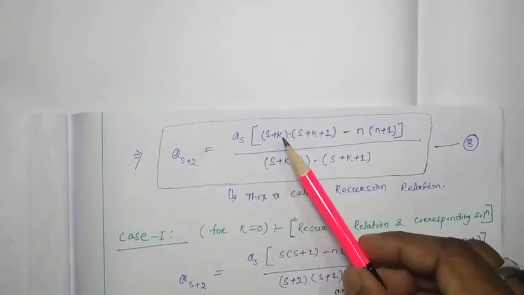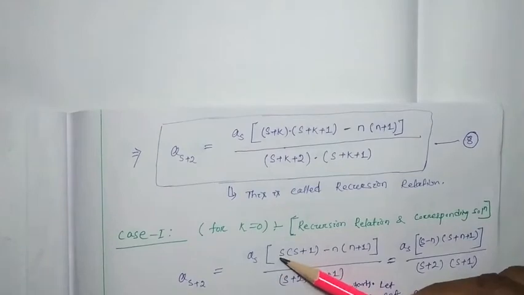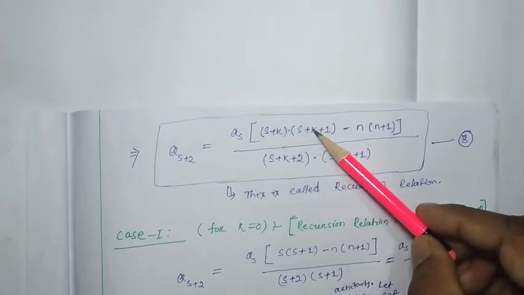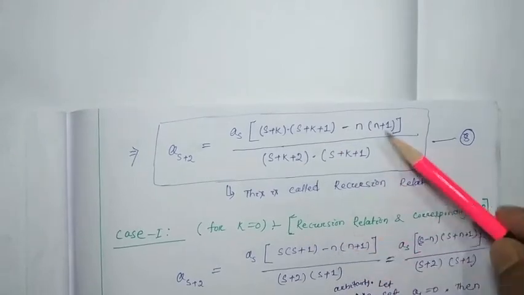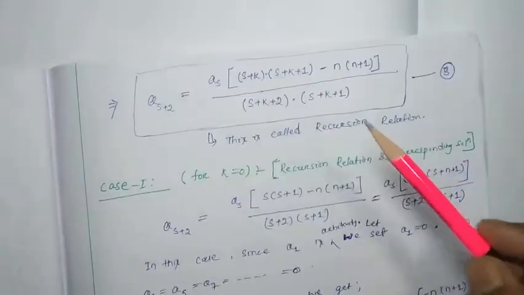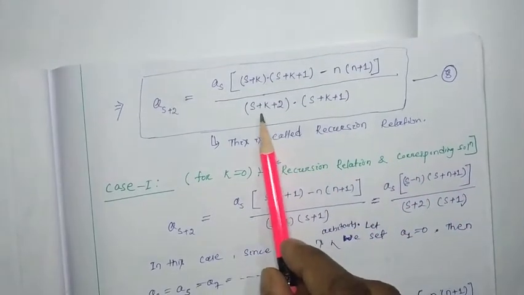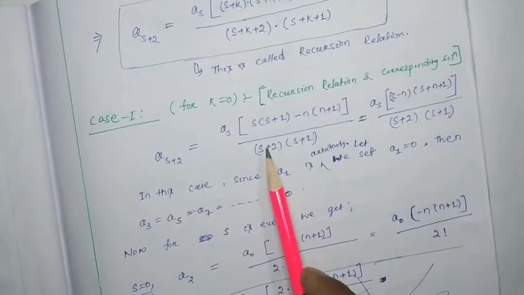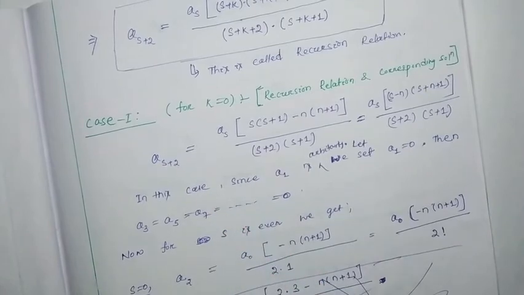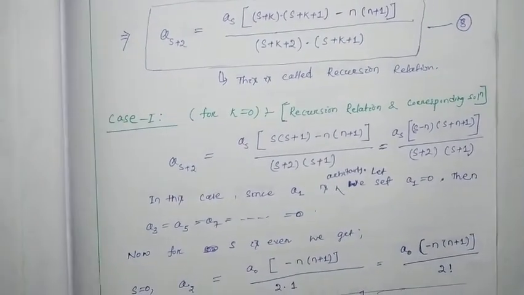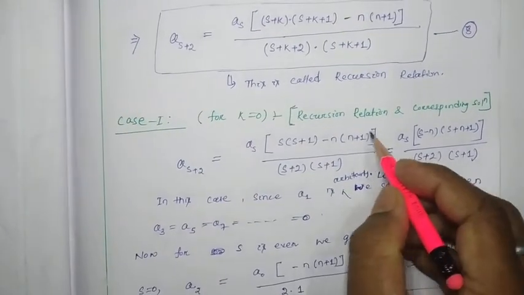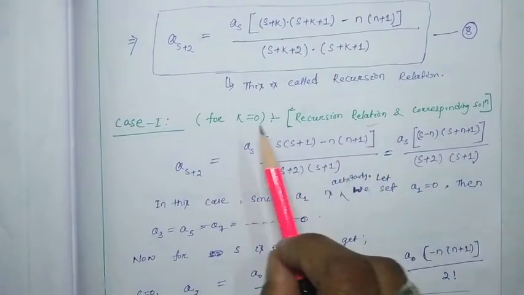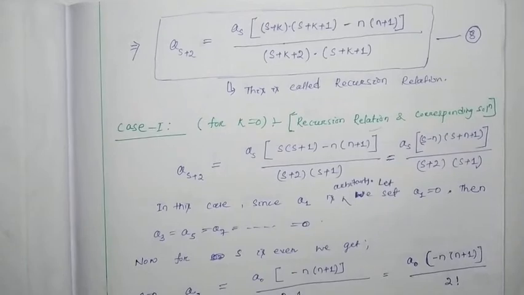For k equal to 0 it will be a_{s+2} equal to a_s times s into s plus 1 minus n into n plus 1, divided by s plus 2 into s plus 1. This is nothing but the recursion relation for k equal to 0.